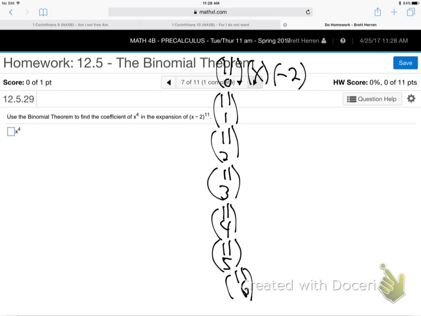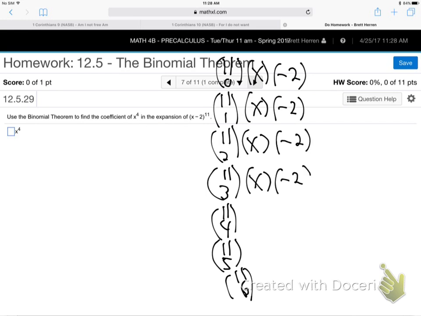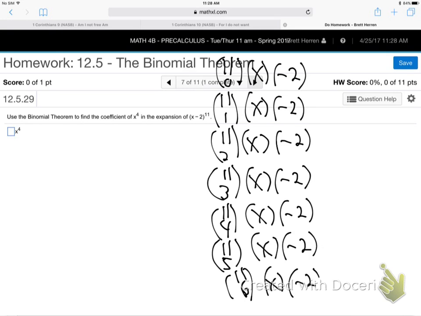Careful to use the minus sign, right? You need the sign in the front. So x minus 2, x minus 2, x minus 2, x minus 2, all the way down the line. And then you put the powers on. What's the power? 11. So 11, 10, 9, 8, 7, 6, 5.